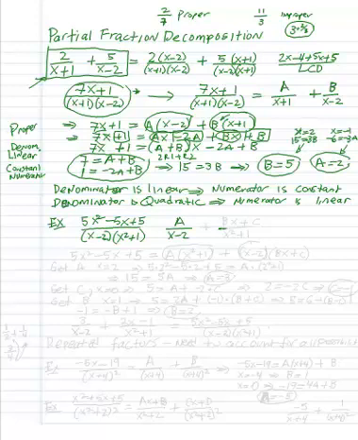And that x squared plus 1 does not factor further, so it's an irreducible quadratic. So for that denominator, the numerator has to be linear: bx plus c. And there is my decomposition.